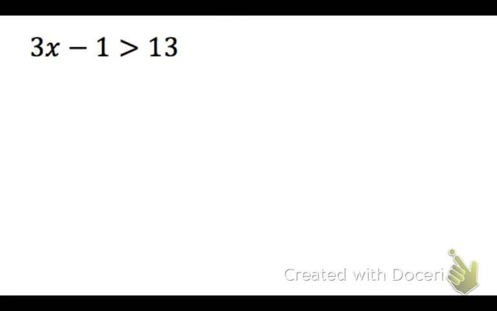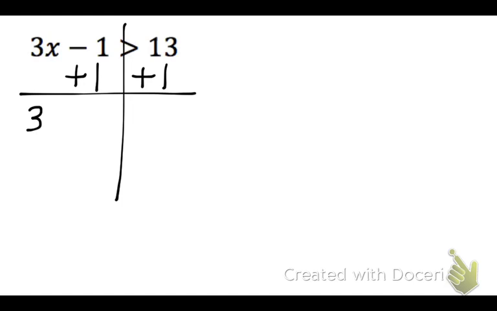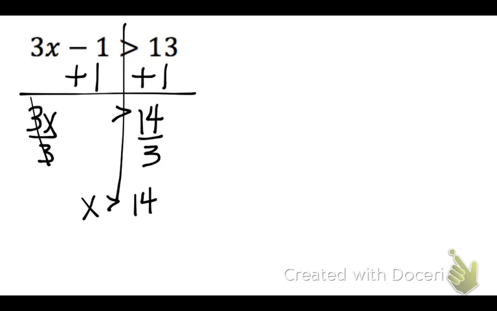Let's go ahead and solve. It's very similar to solving an equation. We get 3x is greater than 14, divide by 3's, and I get x is greater than 14/3. A lot of you would probably think you made a mistake because you got a fraction. That is okay. Fractions are okay. Let's figure out what 14/3 is.